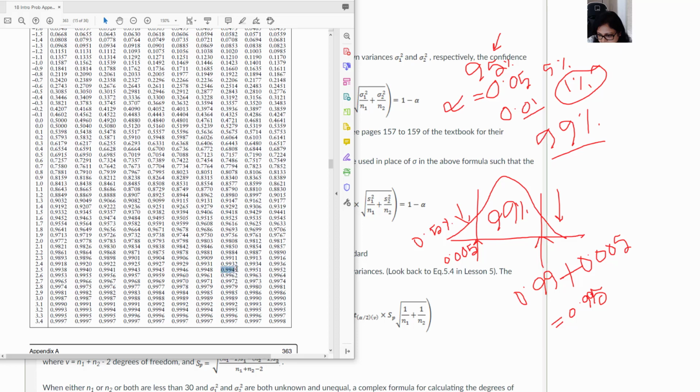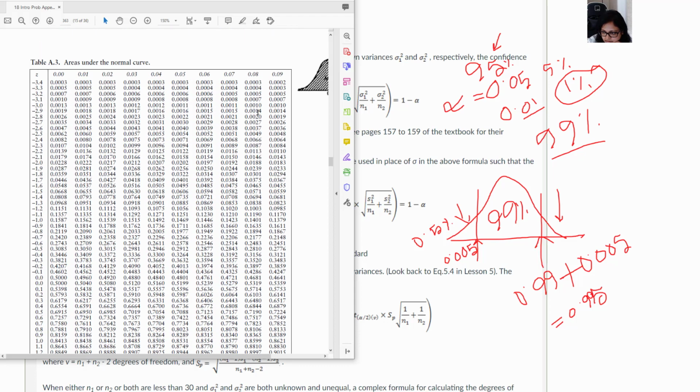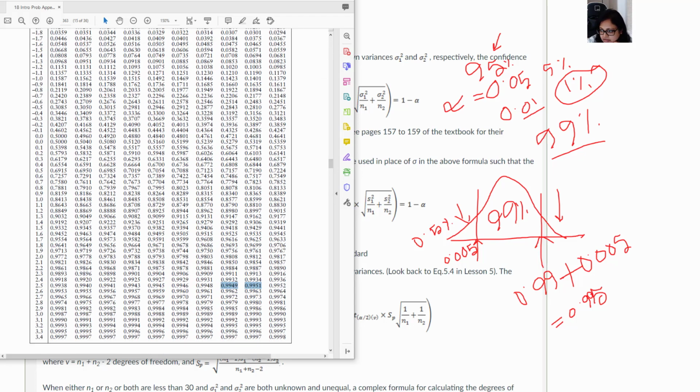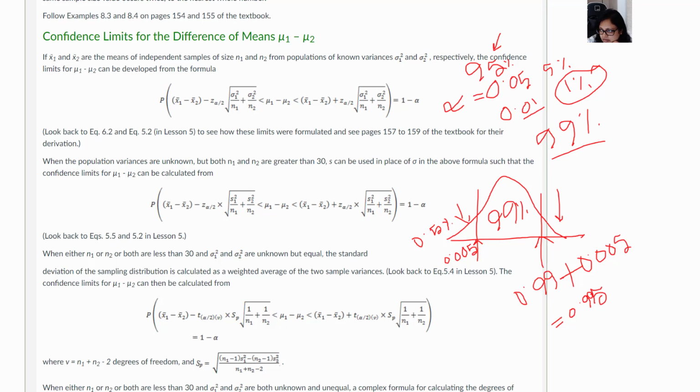There is no exact 0.995, but we can say it will be in between these two, between 2.57 and 2.58. So let's say 2.58. That means on both sides it will be negative 2.58 and positive 2.58. So you can find the critical value and then insert it.